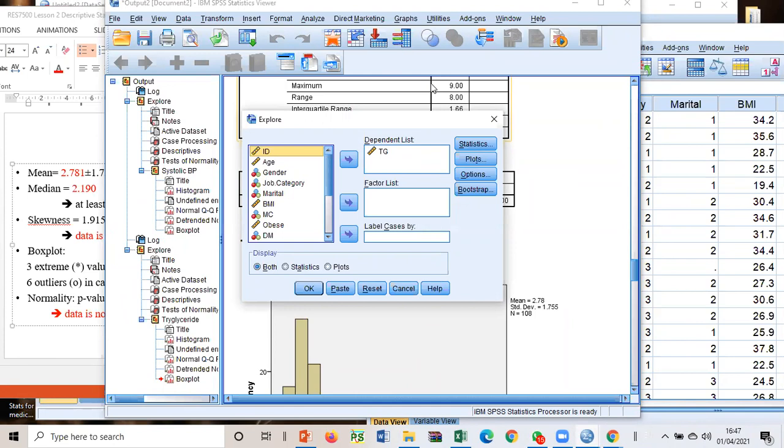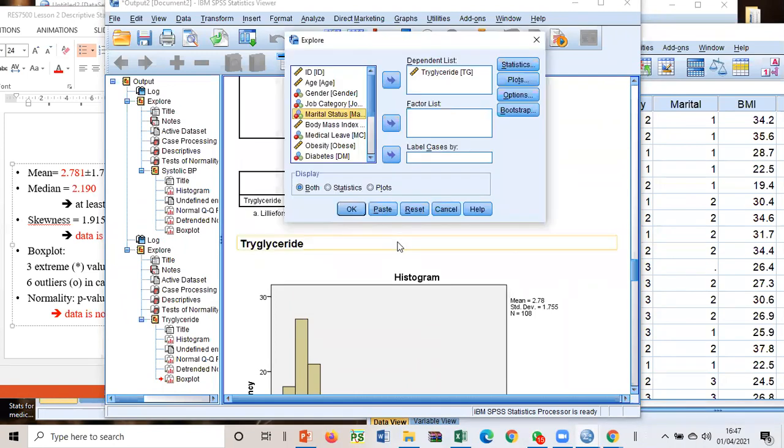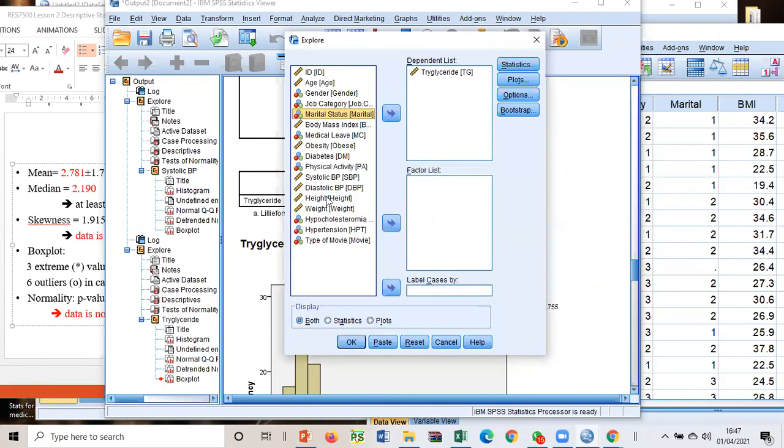Triglyceride. TG is triglyceride. Those are variables, we don't need to worry. TG, like cholesterol, LDL, HDL. Look at this one, the TG, triglyceride.